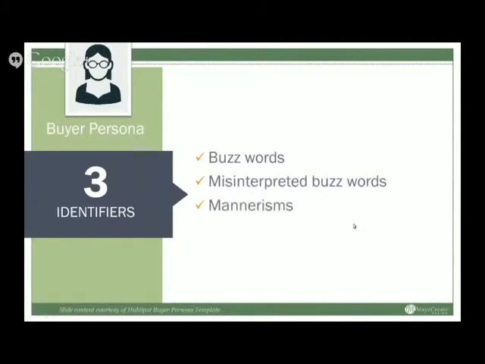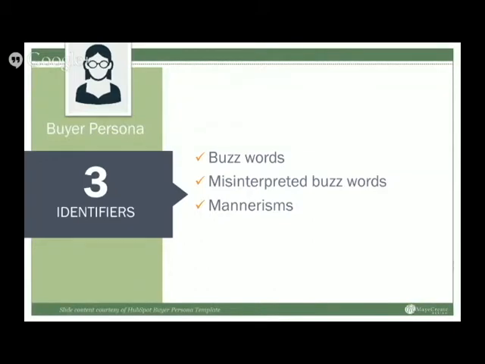Think a little bit about those identifiers, things that let you know, ooh, this person is in my target market. So buzzwords that they might use, or even misinterpreted buzzwords. One example is that people come to my office and they say, I want to have a website and it has to have good SEO. But they don't necessarily know all the time what SEO means. They just know that somebody told them that that's what they need.